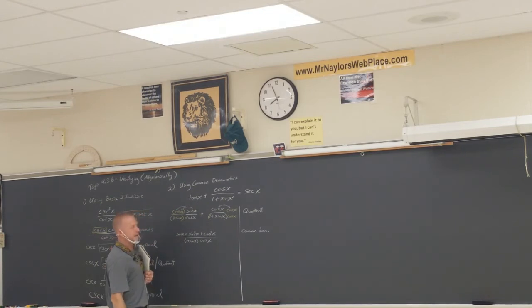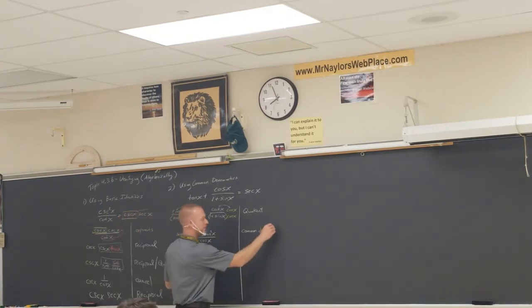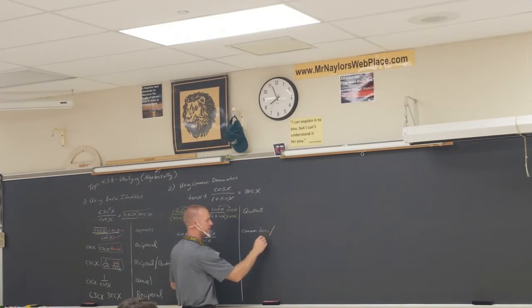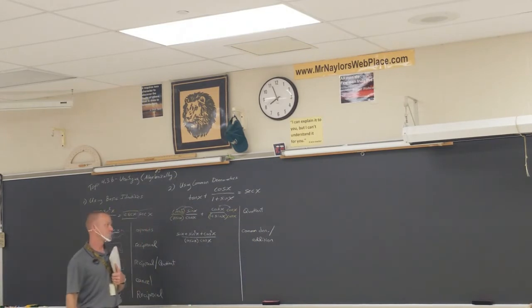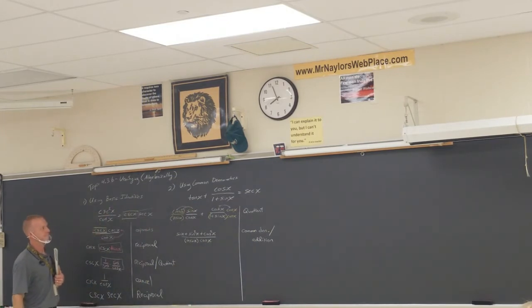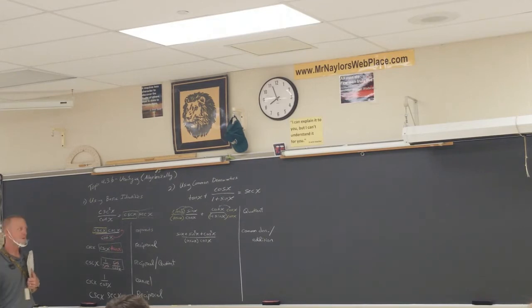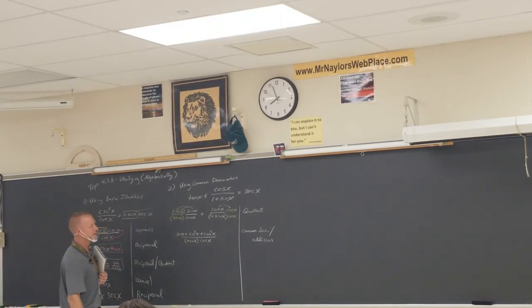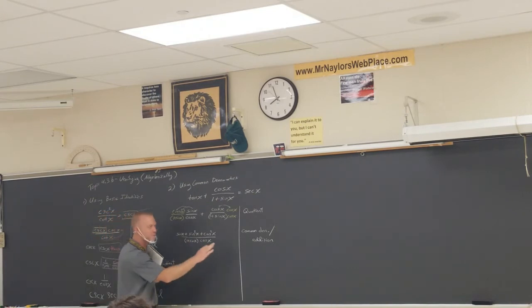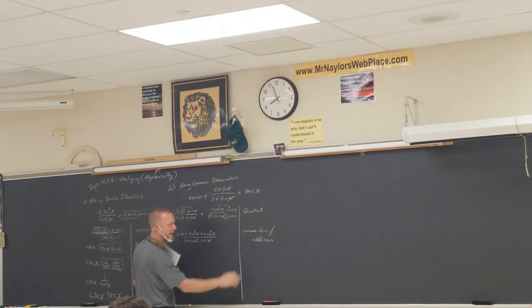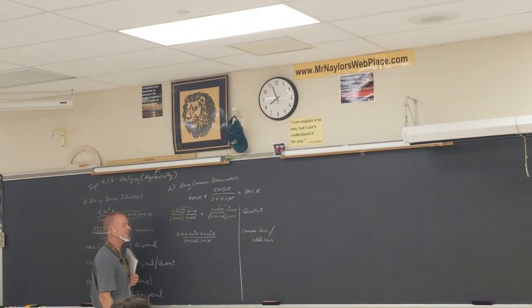You also technically added the numerators, so we could say common denominator / addition. Keep track of what's happening, and be able to prove by writing down what happened that you understand.